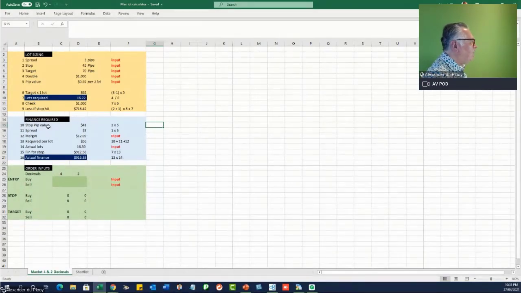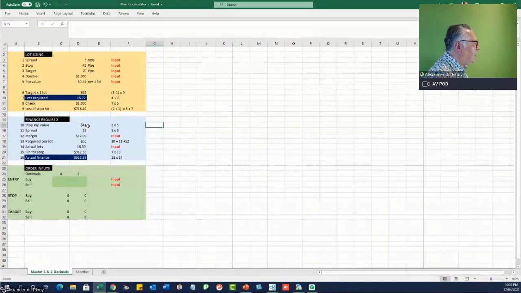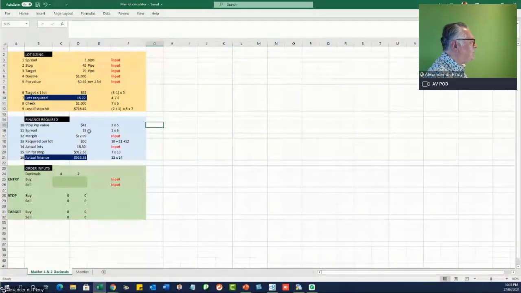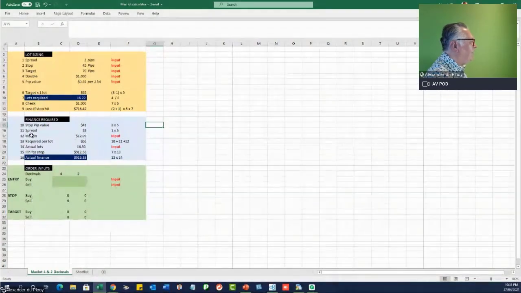The stop pip value is actually $41, because it's 92 cents times 45 pips. Then you have a spread of $3. Then you have the margin that we looked up.